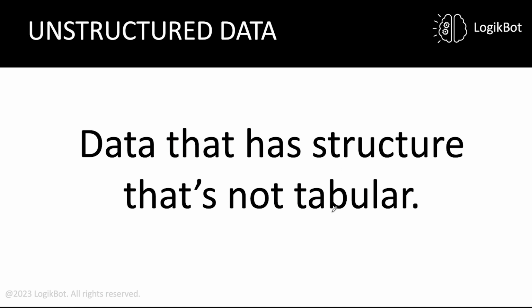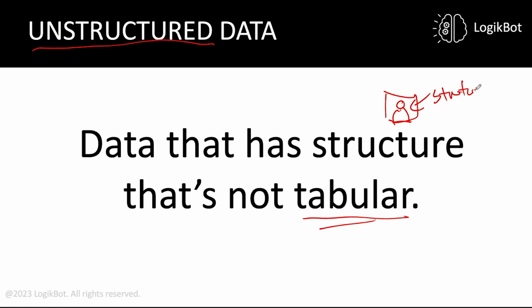Data that has structure that's not tabular is unstructured data. Think of an image. Here's a picture, right? That picture has structure, but it can't be easily massaged into a table.